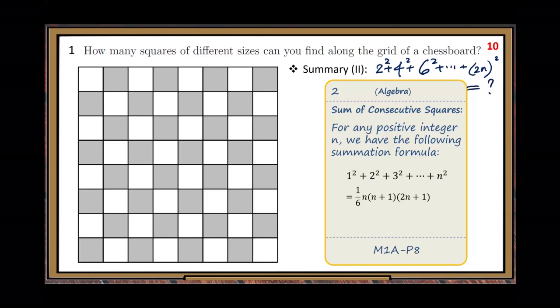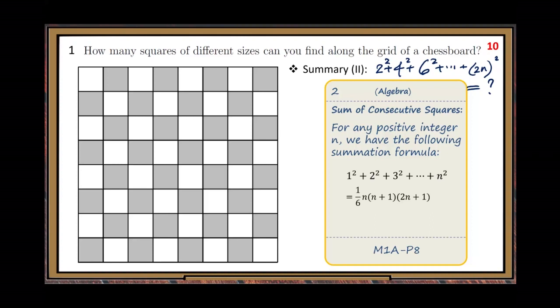How to find the result of the summation of these n squares of consecutive even numbers? You can apply the given formula. The question is how to connect the even version of consecutive square numbers to the given formula. So that connection, you need to see it.